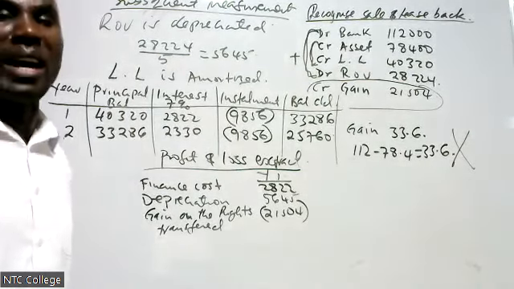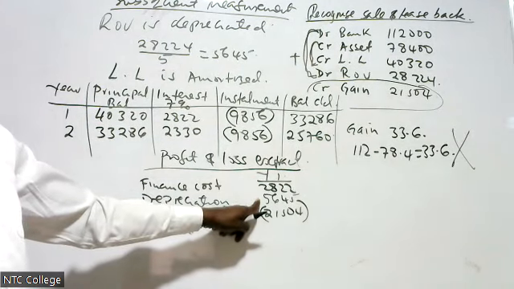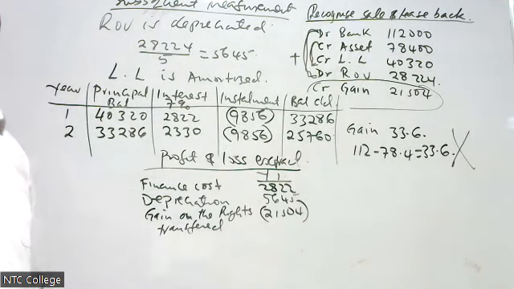Somebody may ask, why are you putting the gain in brackets? Remember, expenses we debit to P&L, gains you credit to P&L.